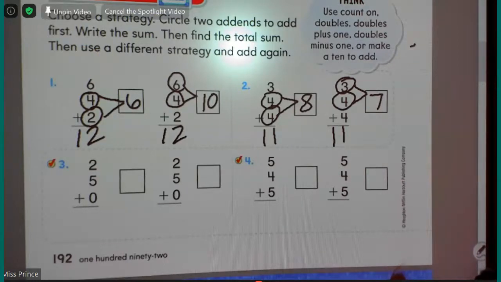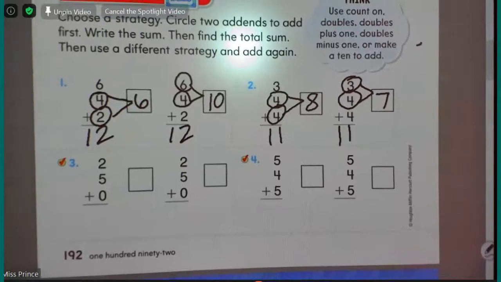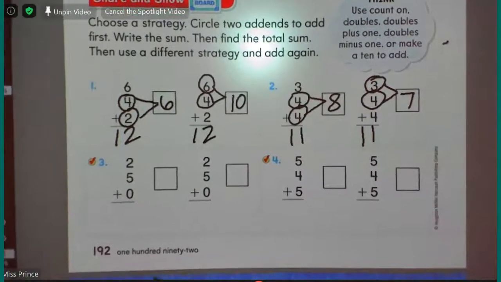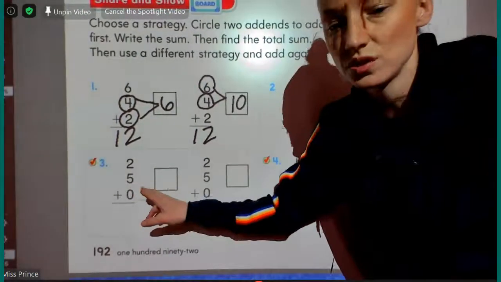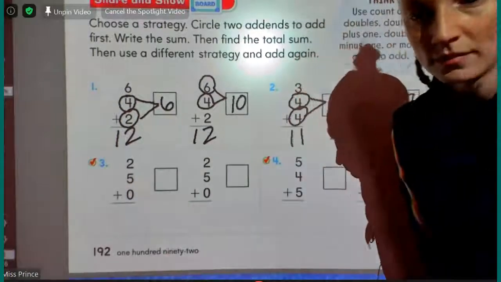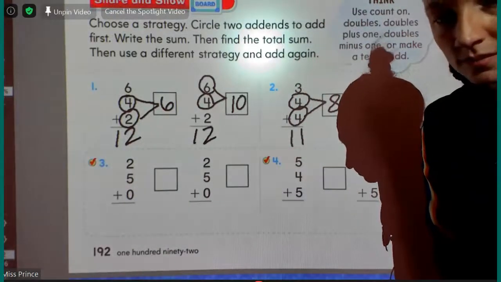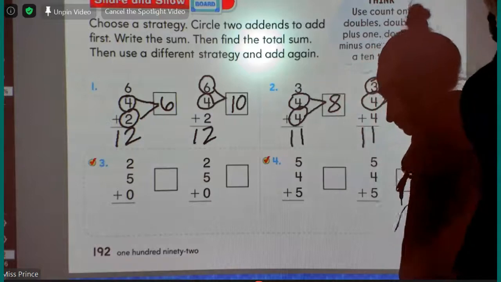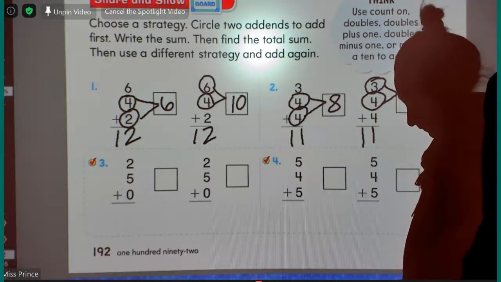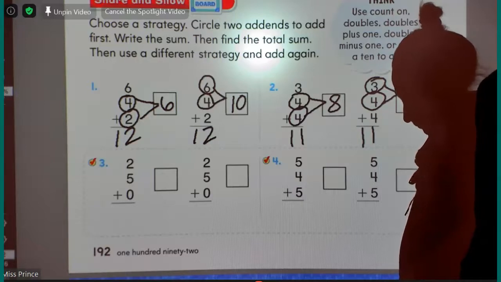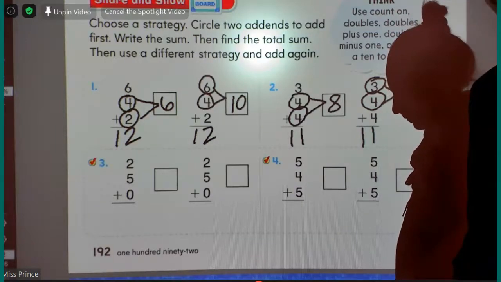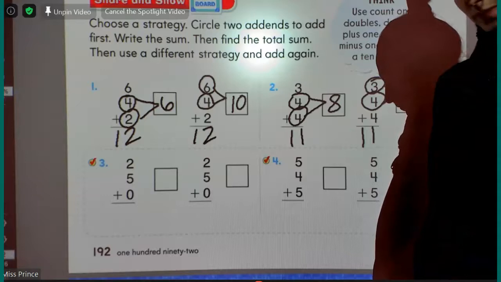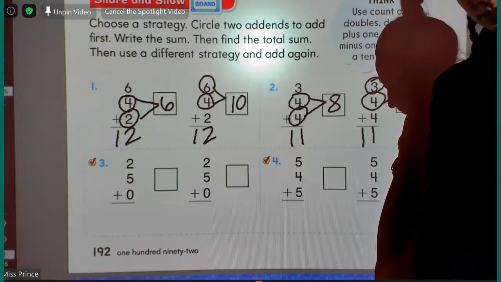Okay, Erin, you are next on my screen. So you're going to do this one with me. So choose 2 numbers over here. You're supposed to choose 2 numbers.